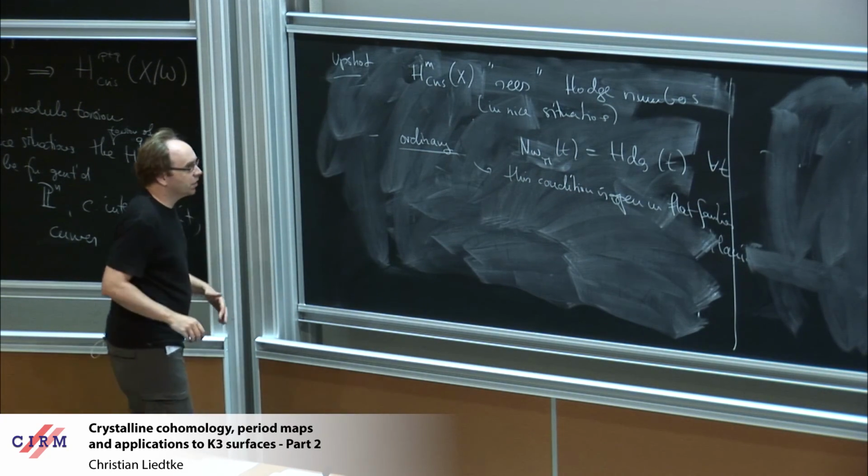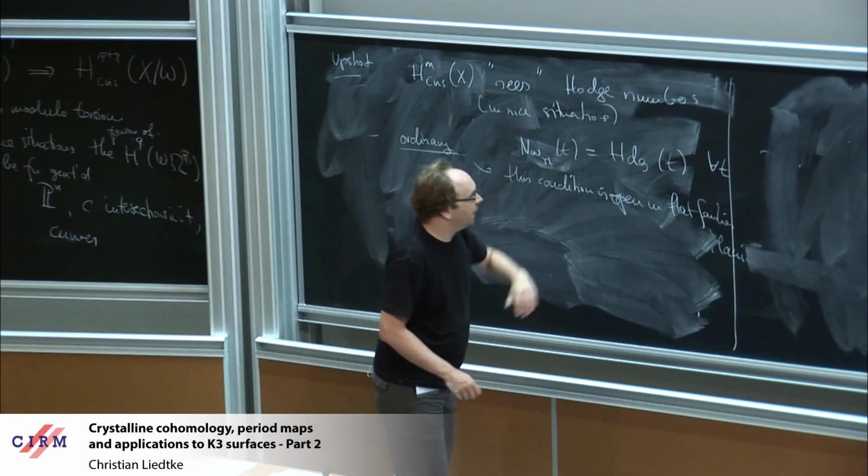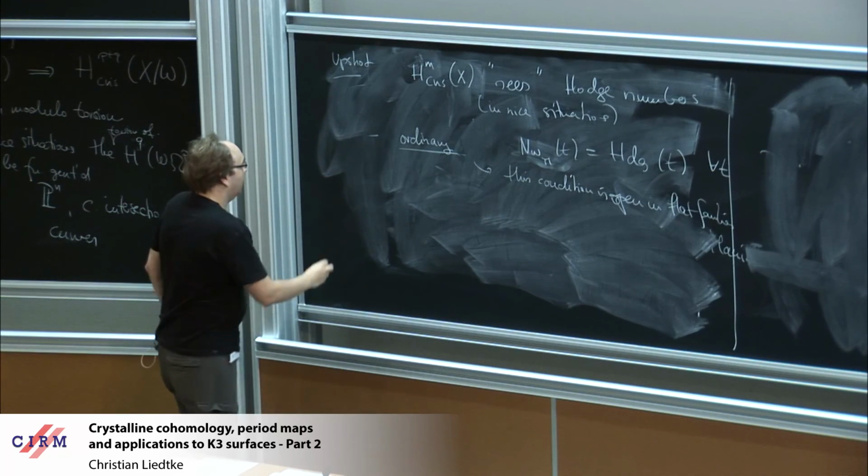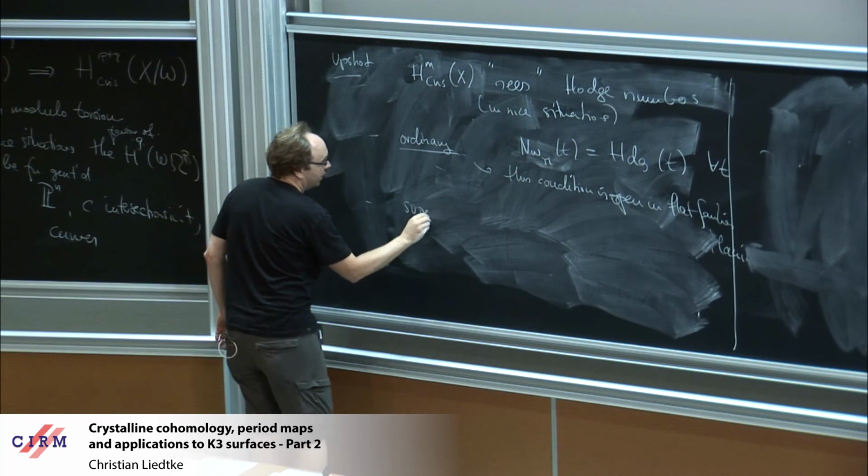And the other extreme is that the Hodge polygon is something, and the Newton polygon is simply a straight line. That's what people call supersingular.